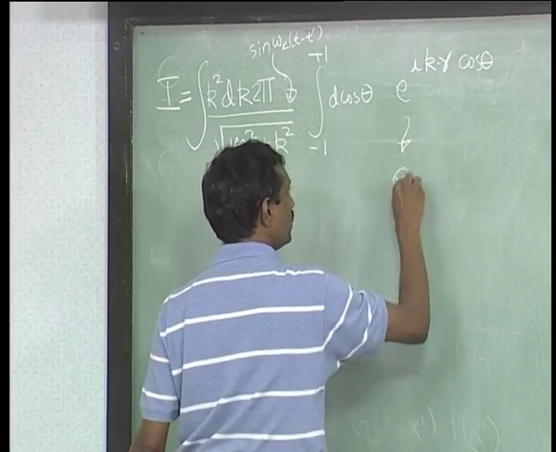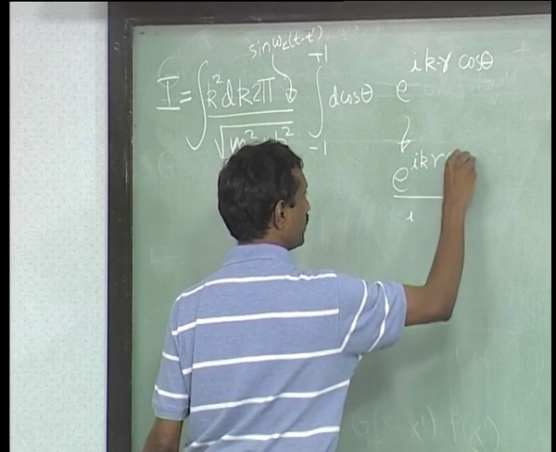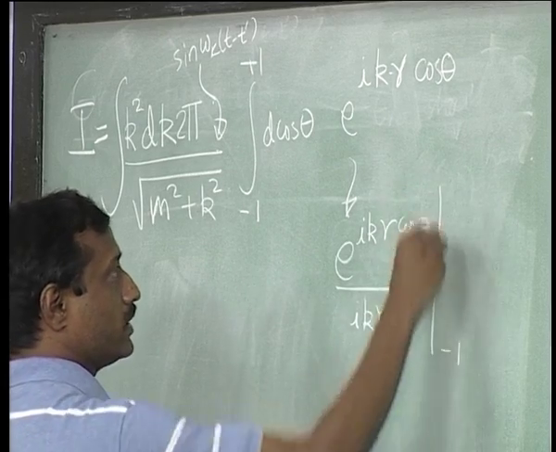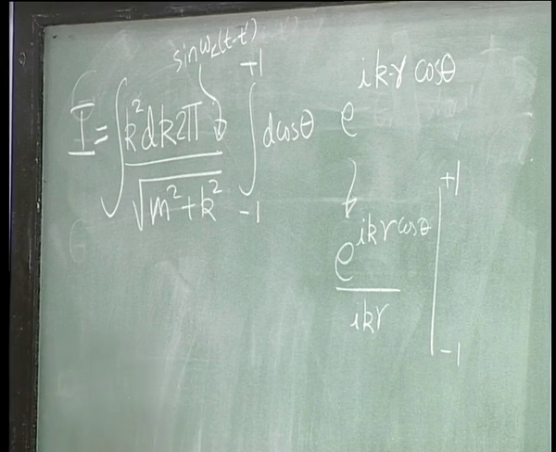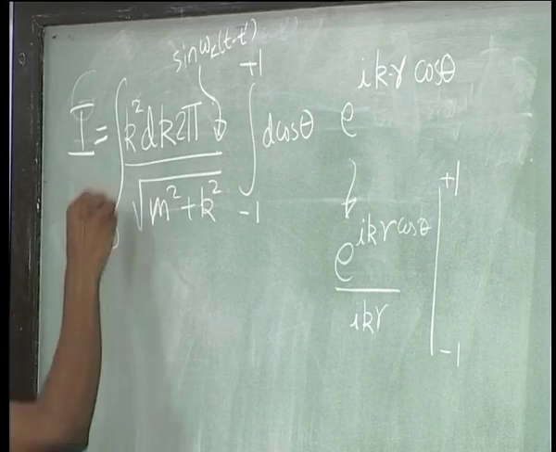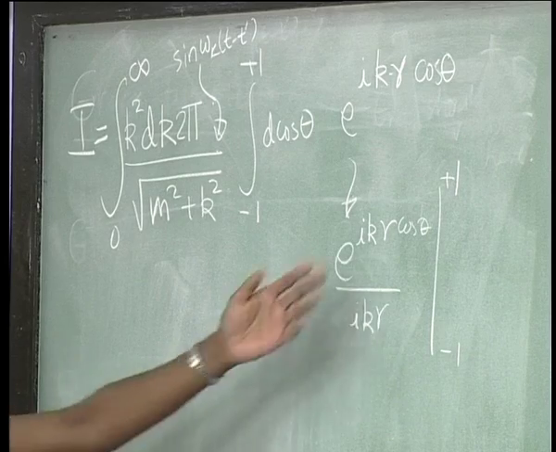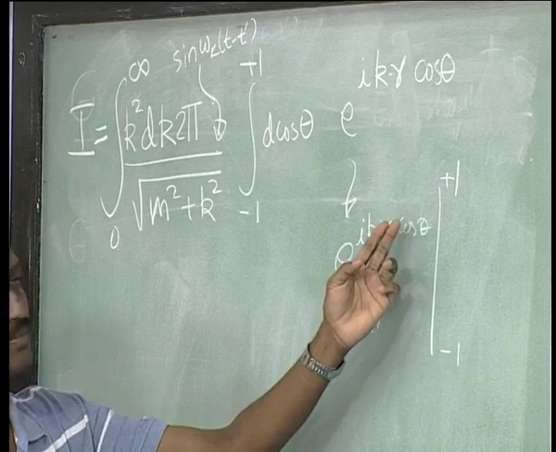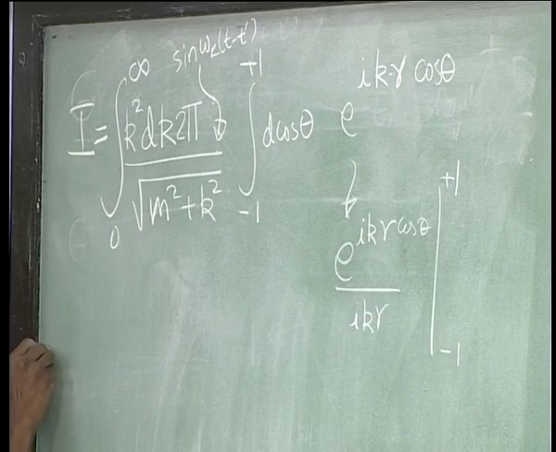So, this just gives me e power i k r divided by cos theta, evaluated between minus 1 and plus 1. And now the k integration goes from 0 to infinity. So, what does this give you? It gives you e power i k r minus e power minus i k r, because cosine theta is plus 1.